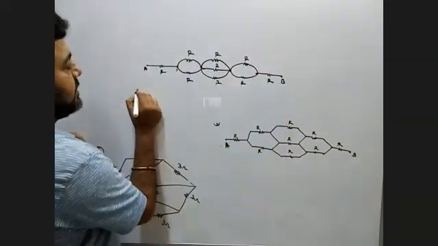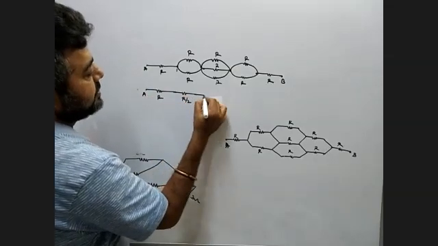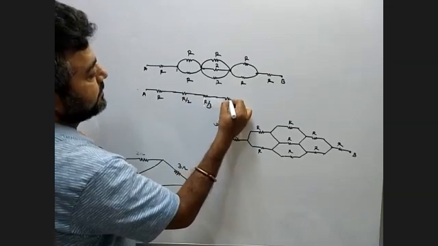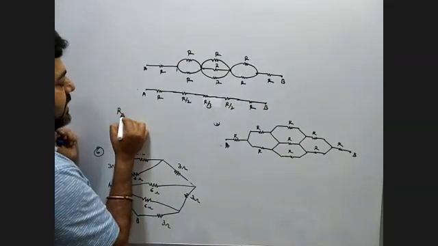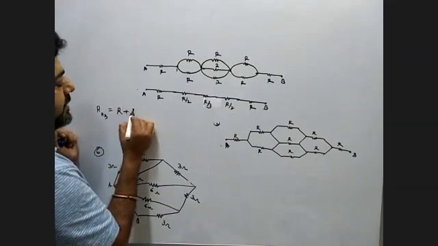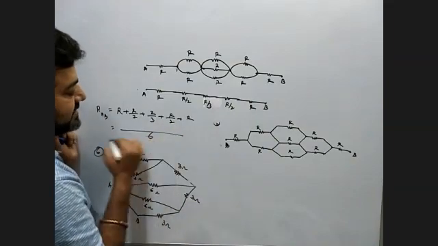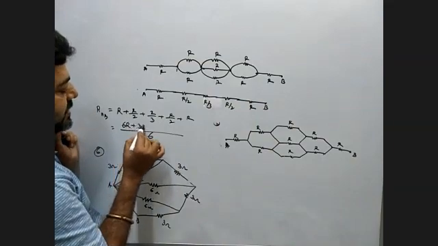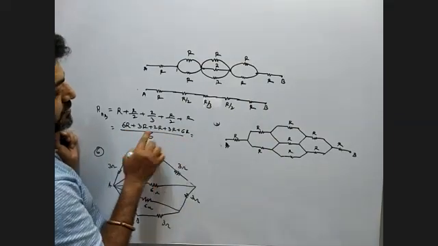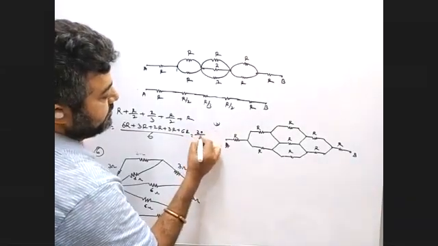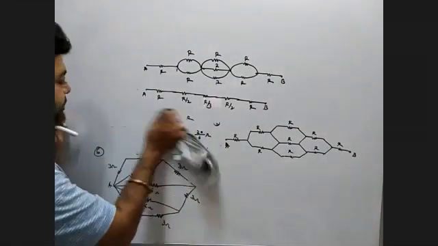So what you have, A, R, R by 2, R by 3, R by 2, R. If you add them, R of AB is R plus R by 2, R by 3, R by 2 plus R. We can take R common: 6R plus 3R plus 2R plus 3R plus 6R, 20 by 6R, that is 10 by 3R. Very good.